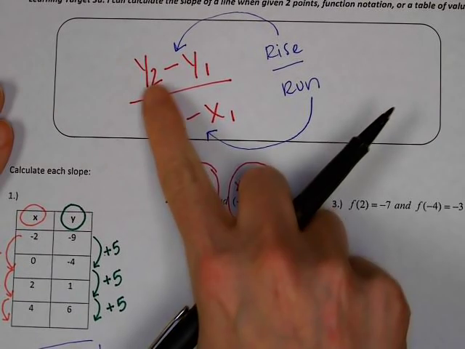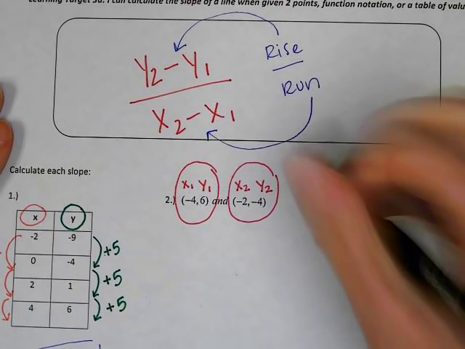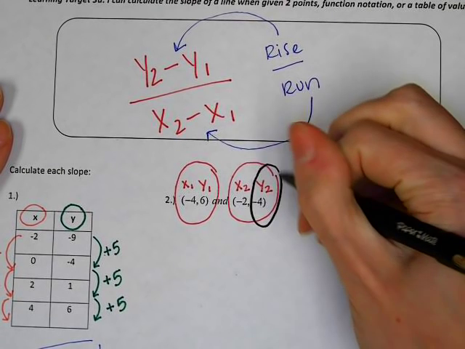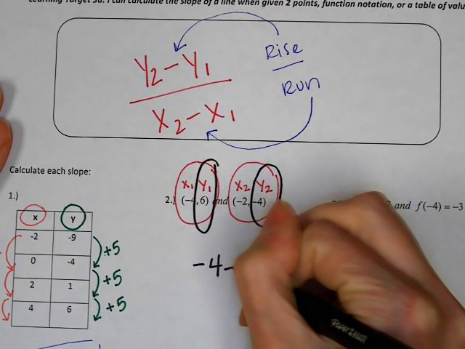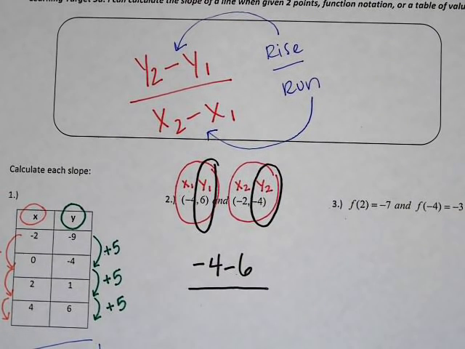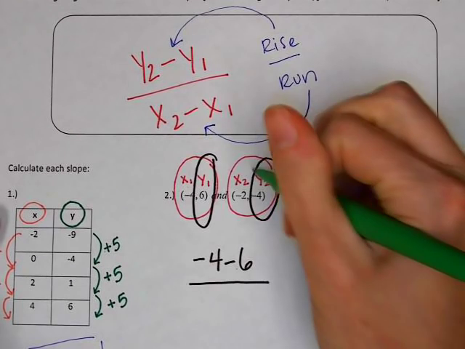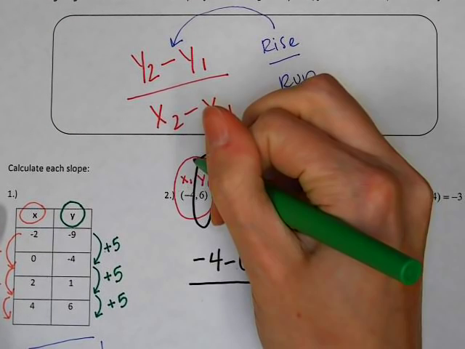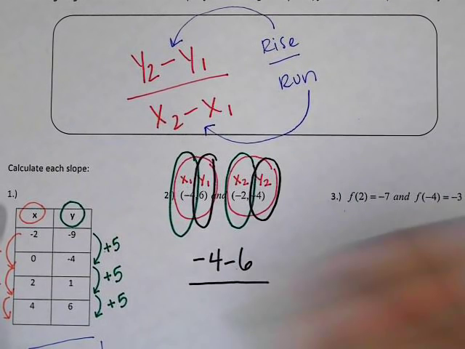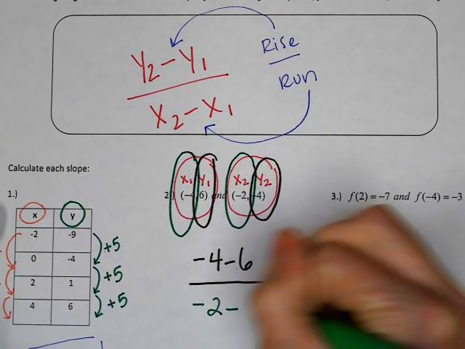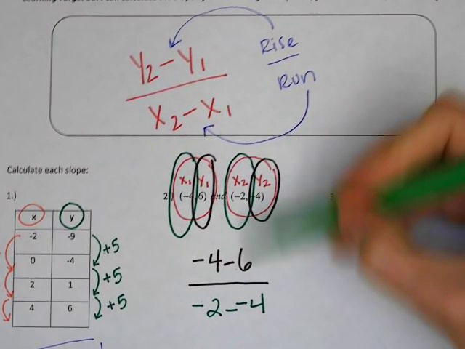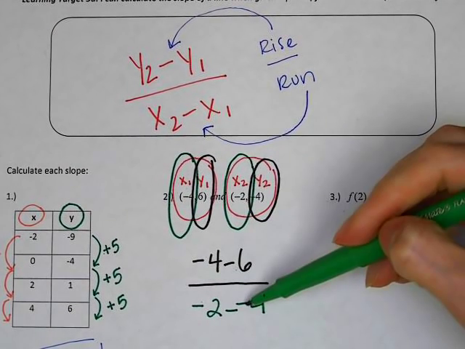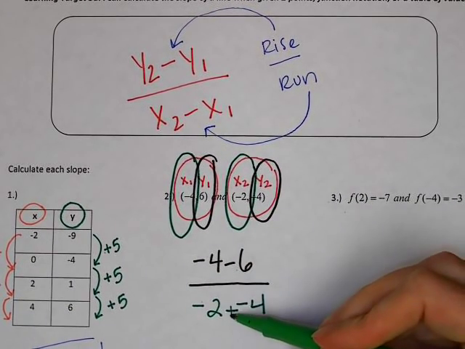Y2 minus y1, that's going to be -4 minus 6, and that's on top. And then on bottom, it's going to be x2 minus x1, so -2 minus a -4. Don't forget, if it's minus a negative, you could technically make it plus.